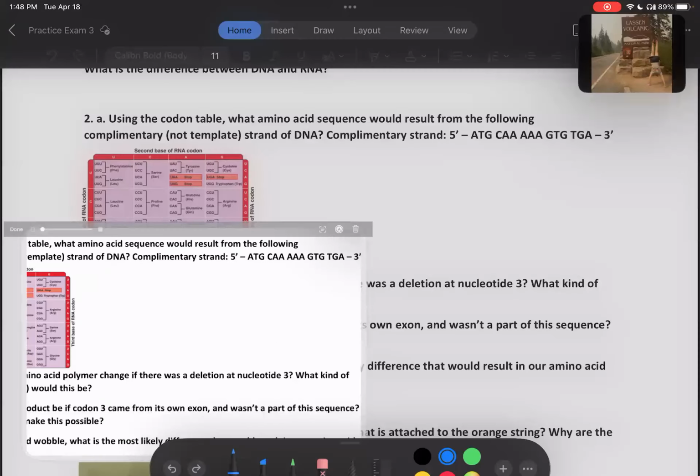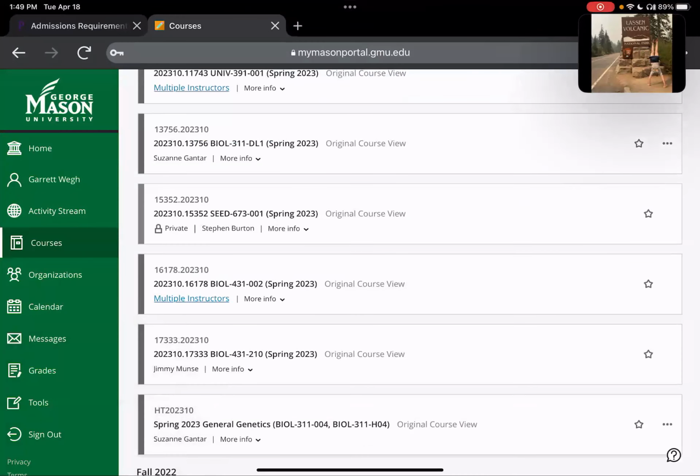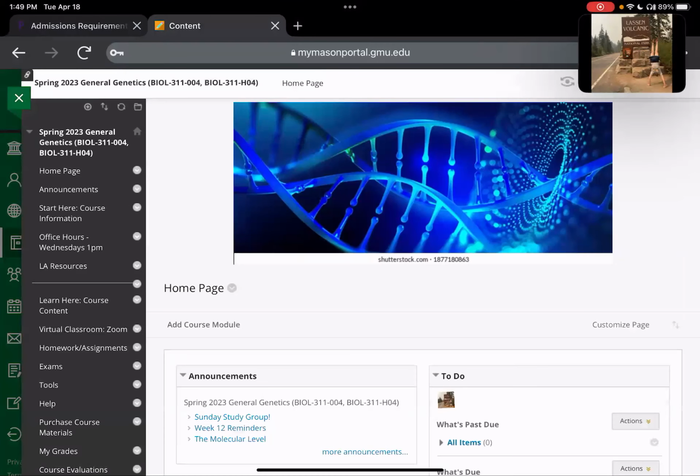You probably haven't, but I did a pretty lengthy review of all of the most important parts of DNA replication this last Sunday in our study group, which anyone is welcome to join, by the way, and the link is posted.